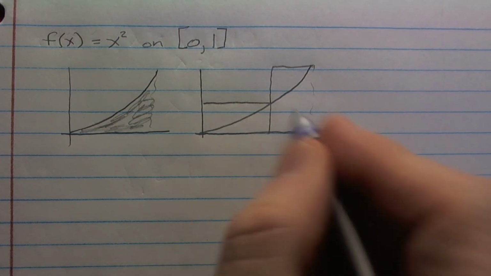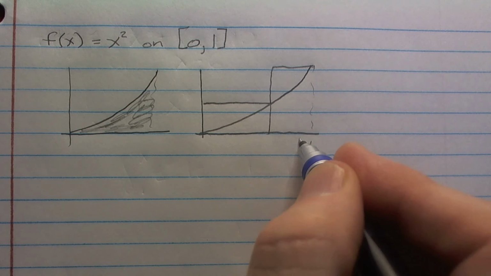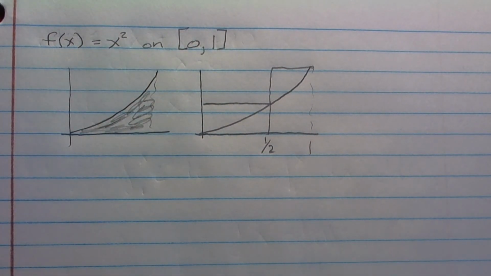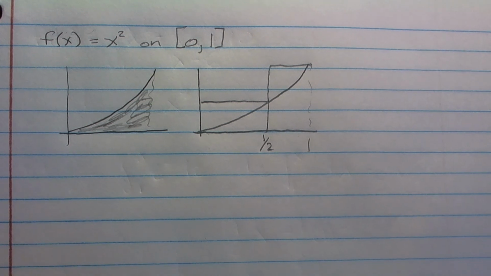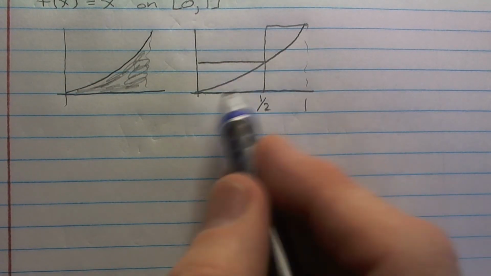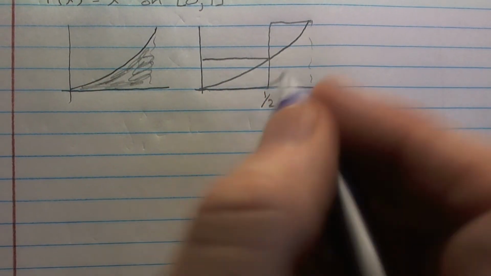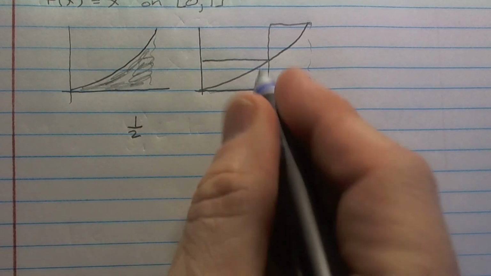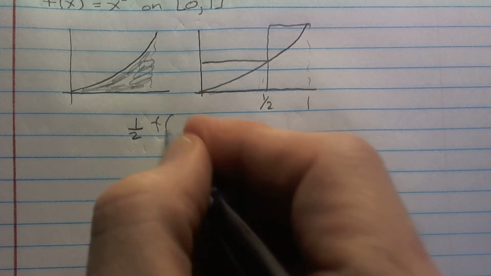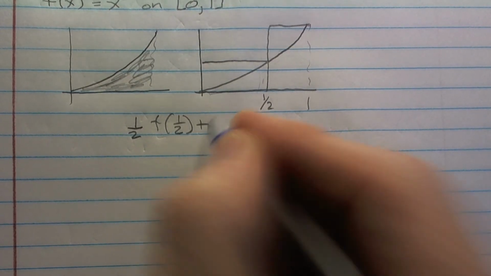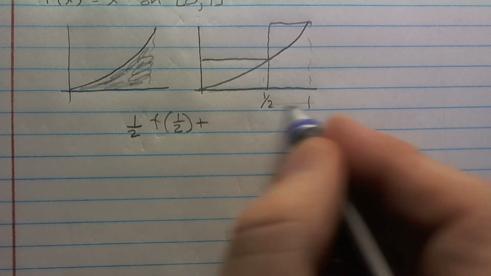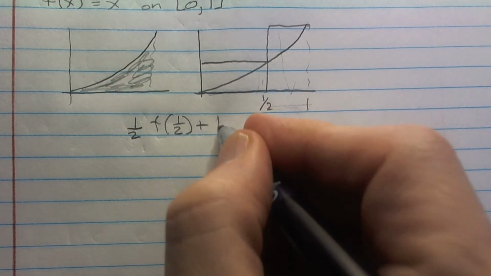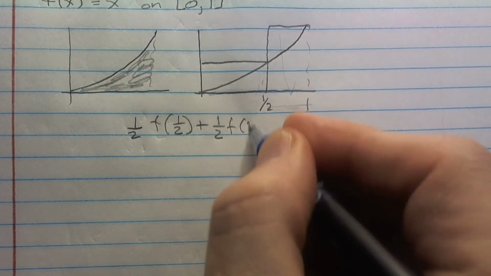Notice that if I divide this up evenly, if this goes from 0 to 1, this would be 1/2 right here, right? So I could approximate the area under this curve by saying this is 1/2 the width times the height, which is f of 1/2, plus the width here, which is 1/2 as well, times f of 1.